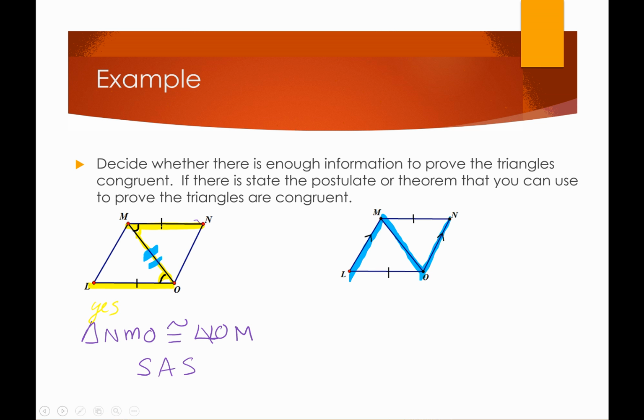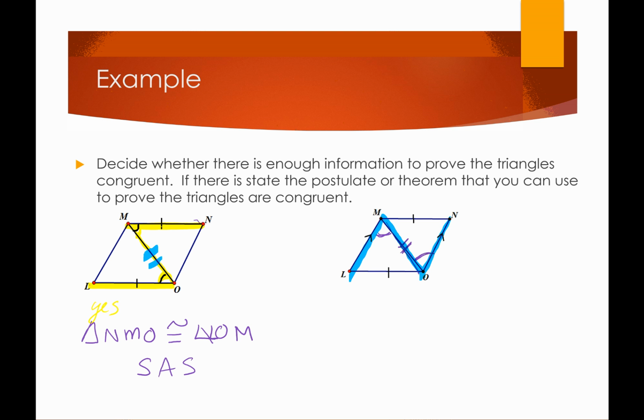So alternate interior angles would be this angle right here, this angle right here. Okay. And then I've got this side congruent to itself. Is that enough to prove that these are congruent? And the answer is no.